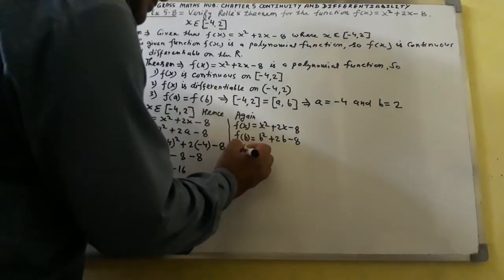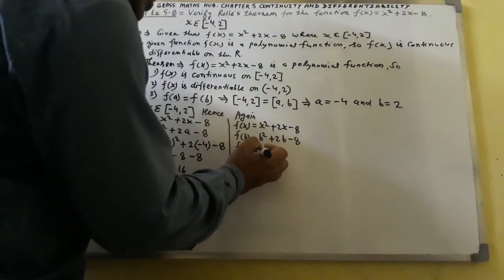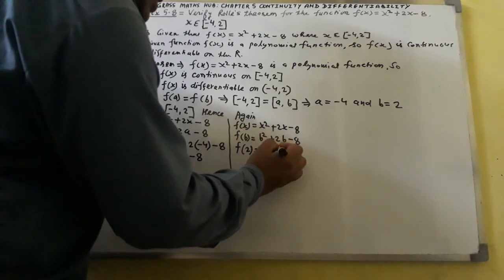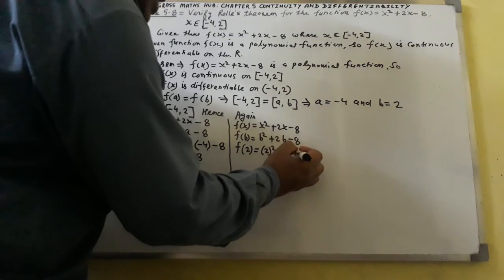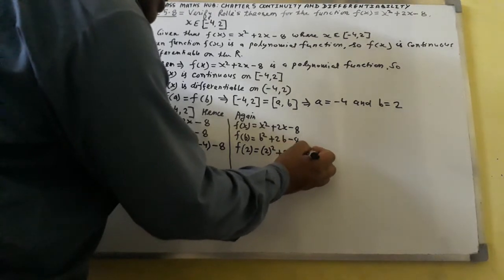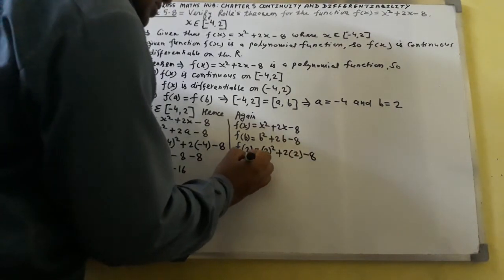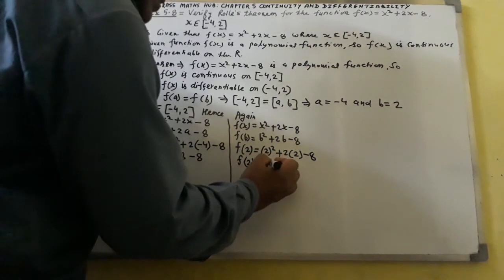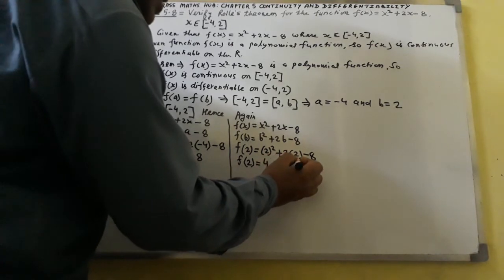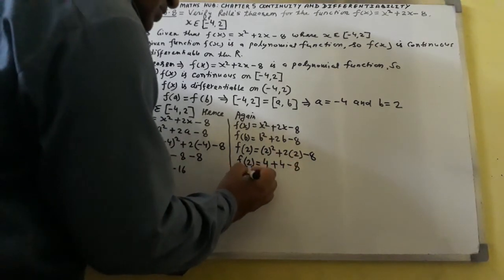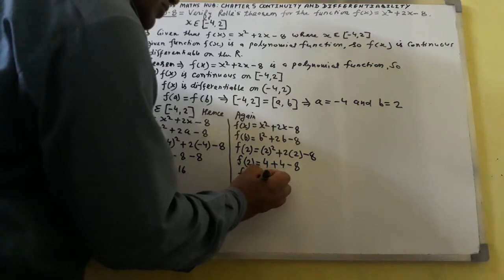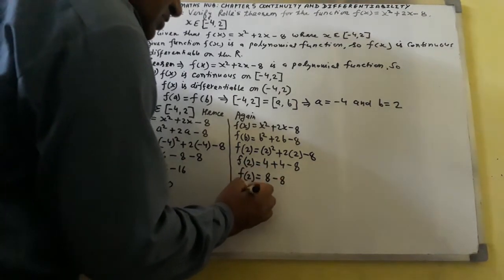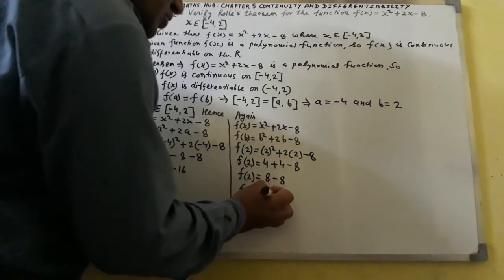So f of 2 equal to 2 square plus 2 times 2 minus 8, f of 2 equal to 4 plus 4 minus 8, f of 2 equal to 8 minus 8, f of 2 equal to 0.